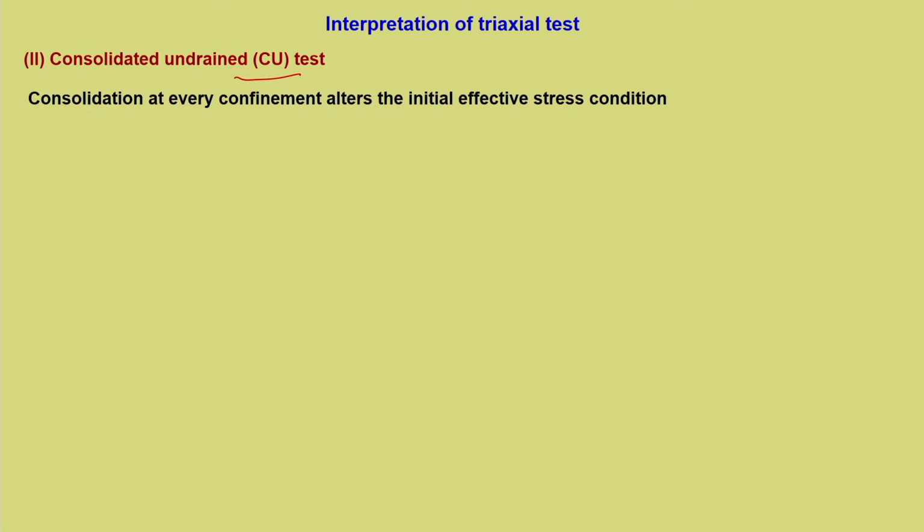Now in this, as different from the UU test, we have to understand that the consolidation at every confinement alters the initial effective stress condition. What does this mean? We need to understand, because while learning this we might not have paid much attention to the implication of consolidation. Now what happens during consolidation?